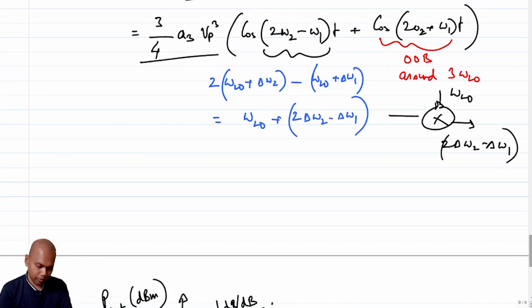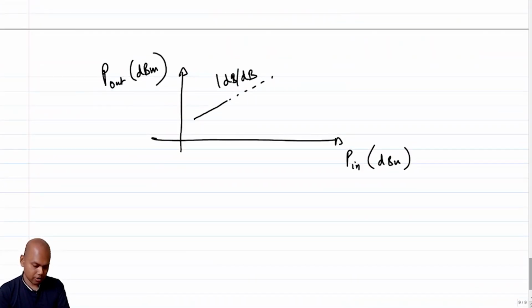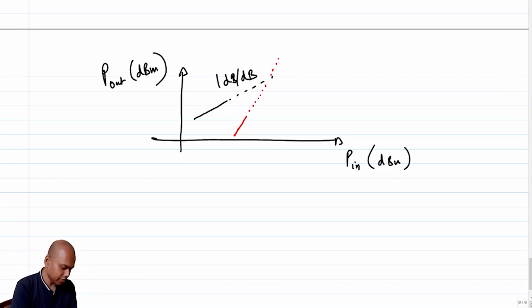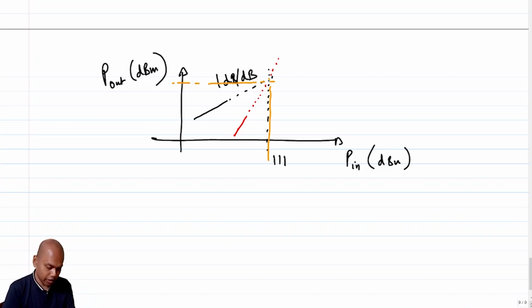In dBm, if I plot, it is going to have 3 dB per dB of slope. And like before, if I extrapolate, the extrapolated version is going to meet the extrapolated version of the fundamental. And again there is a name to characterize this, and I'm sure you'll be able to guess what the name is. Earlier it was IIP2, this will be IIP3, this will be OIP3.